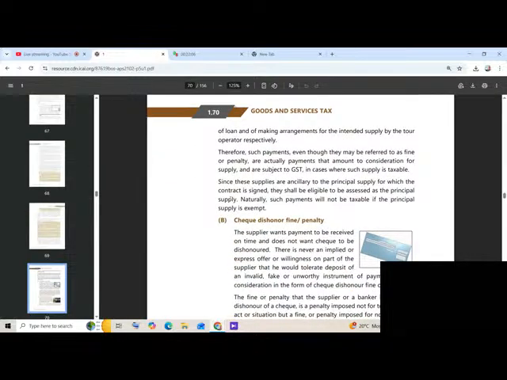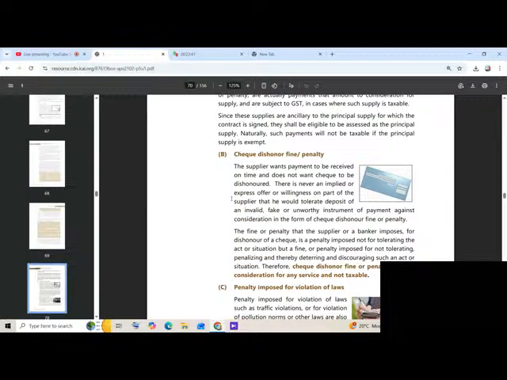Therefore, such payments, even though they may be referred to as fine or penalty, are actually payments that amount to consideration for supply and are subject to GST in cases where such supply is taxable. Since these supplies are ancillary to the principal supply for which the contract is signed, they shall be eligible to be assessed as the principal supply. Naturally, such payments will not be taxable if the principal supply is exempt.